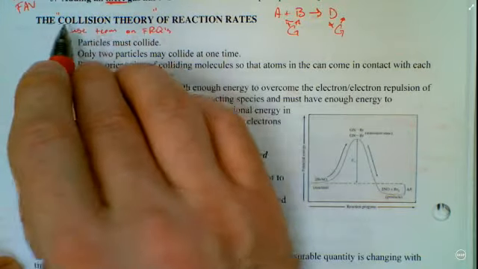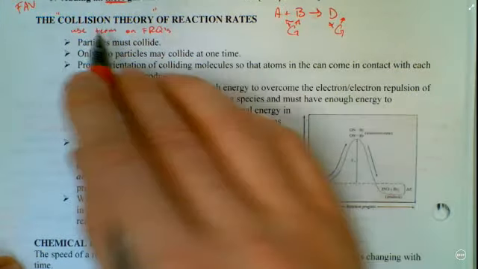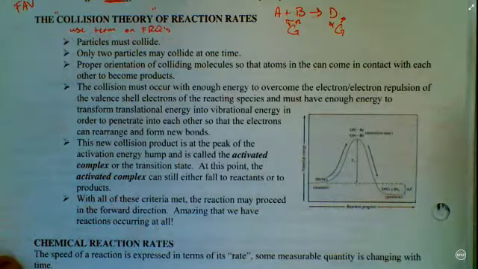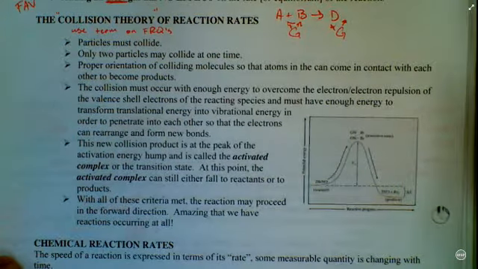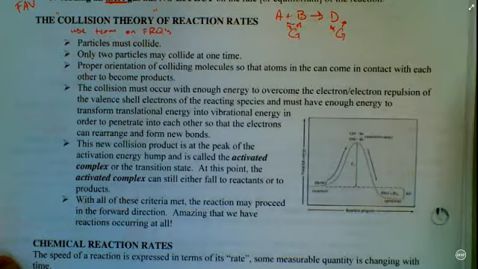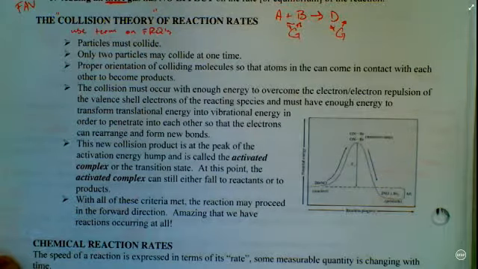The whole idea behind the collision theory of reaction rates, and again, this is a theory, and in these physical sciences, a theory is an attempt to explain the why. Why do we see what we see? Whereas a law is simply describing what's happening. So the collision theory, that word theory, is an attempt to explain the why.